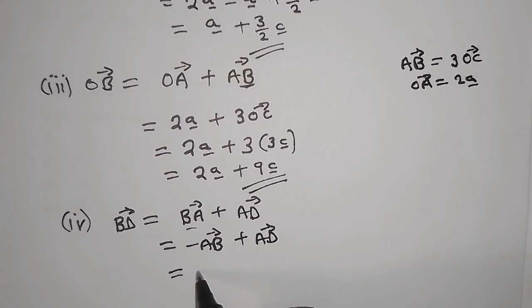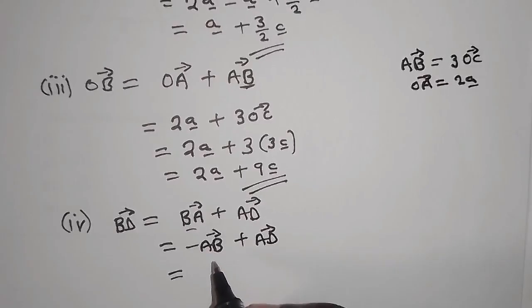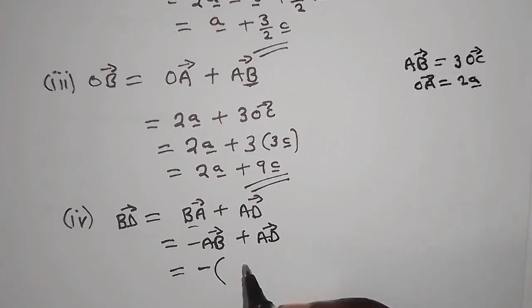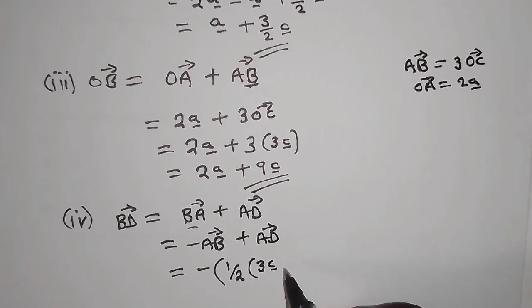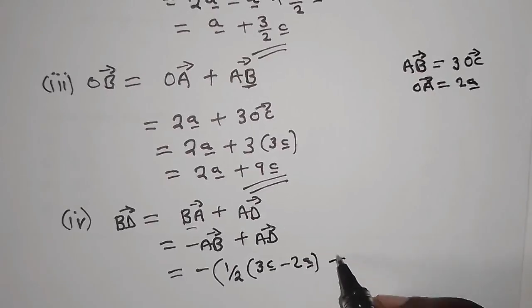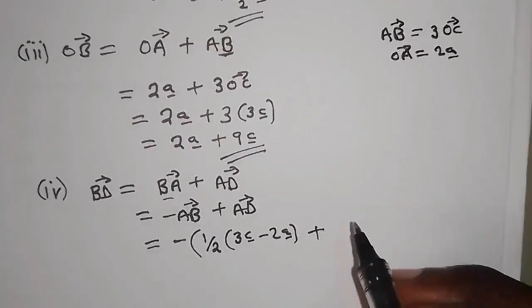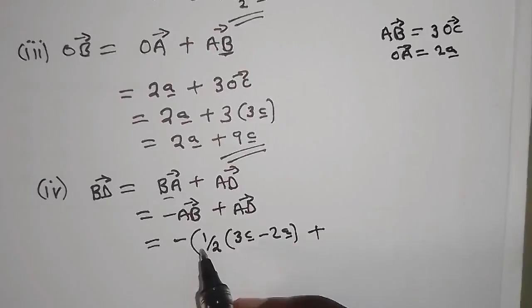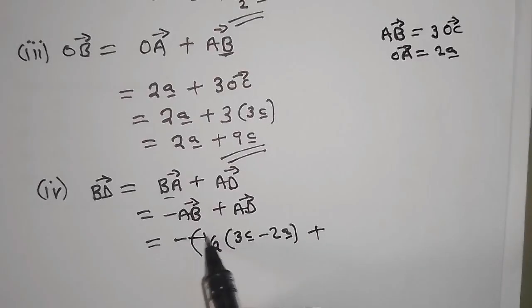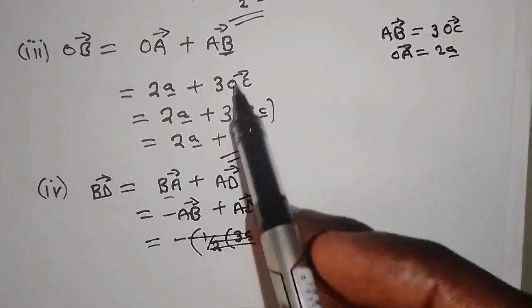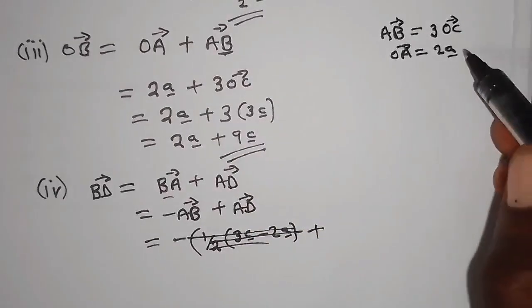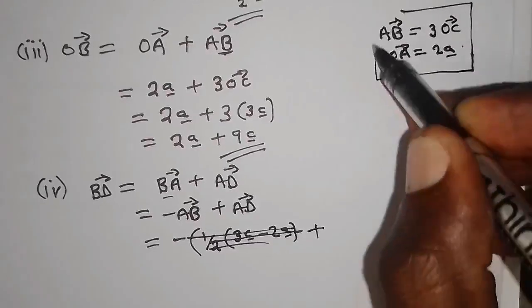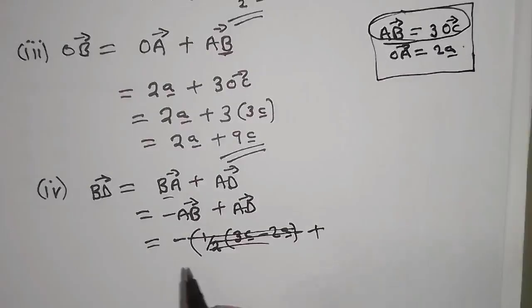This is going to be negative open bracket, and then our AB is just this, 3C minus 2A, then plus our AD, this one.